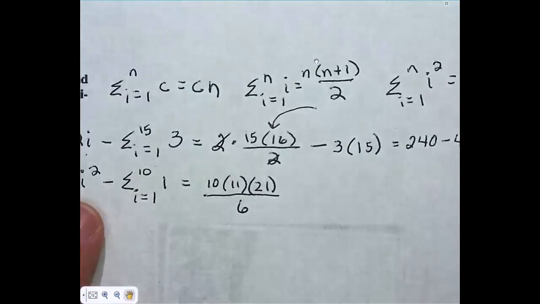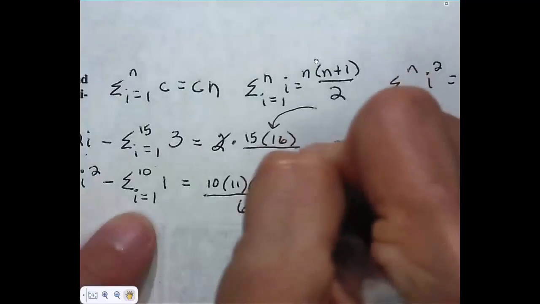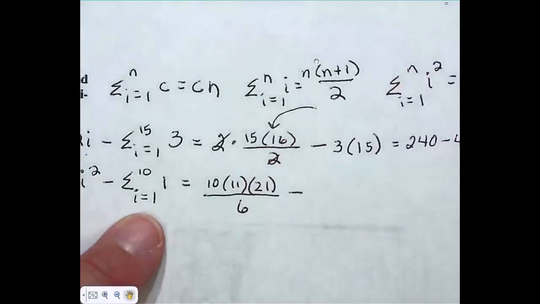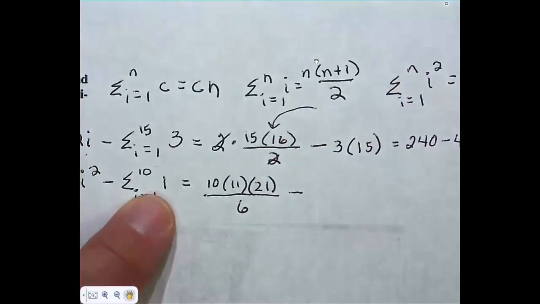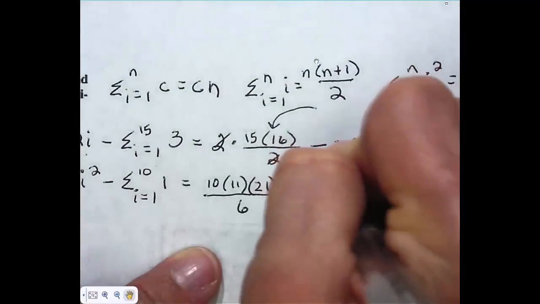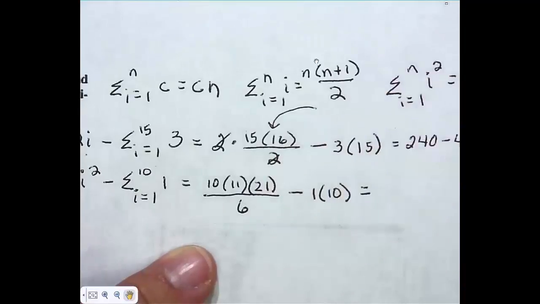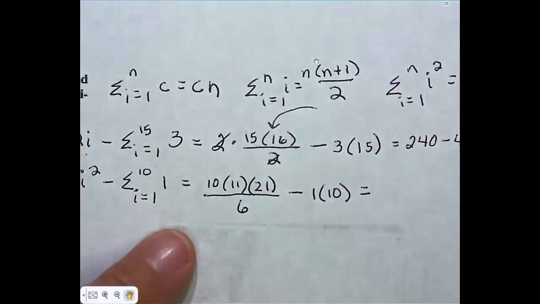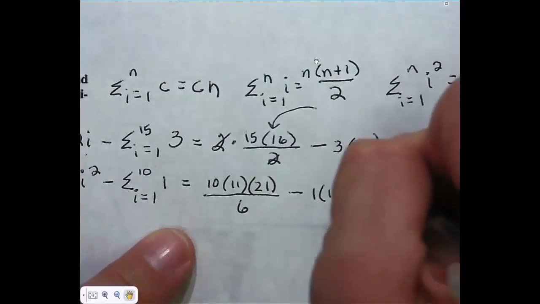That's the sum from i equals 1 to 10 of i squared. And then if I subtracted from that, adding 1 to itself 10 times, anybody grab a calculator? Yeah? I got 375.